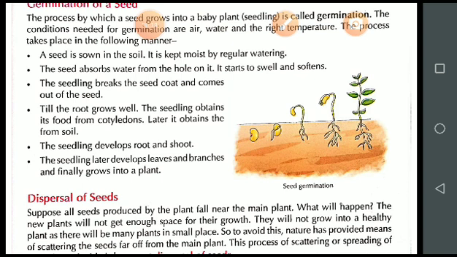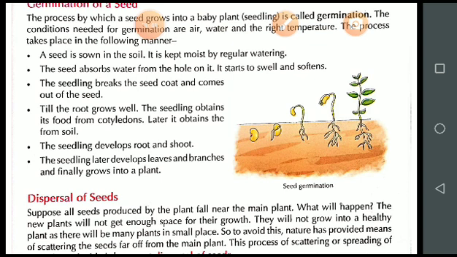Now student, the seed absorbs water from the soil. Once you sow the seed into the soil, the seed absorbs water from the soil. And how it absorbs the water, I have already explained at the time of explaining the structure of a seed. I told you there is a hole in the seed coat from which the water enters inside the seed.